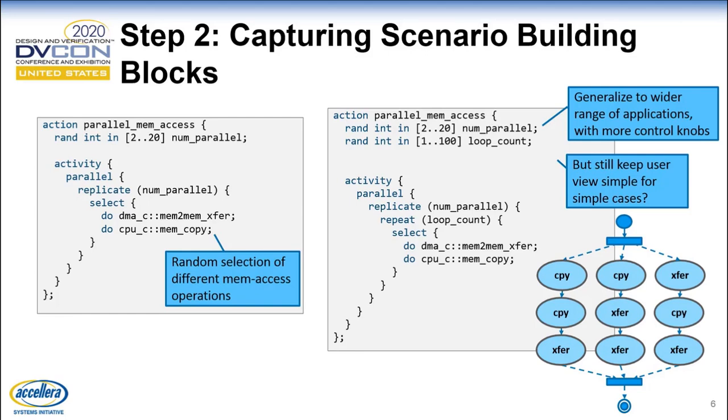So the one thing that I'm missing here is a way to specify a default. I generalize something with more controllability, but still want to be able to fall back on the simple or mainstream case. And that you simply couldn't do in PSS 1.0.